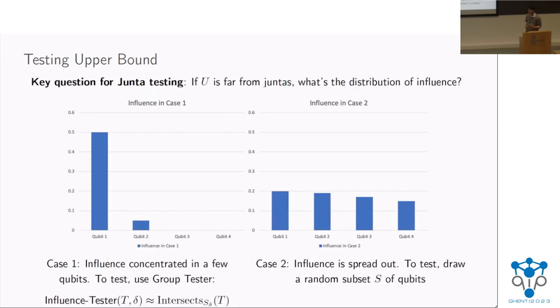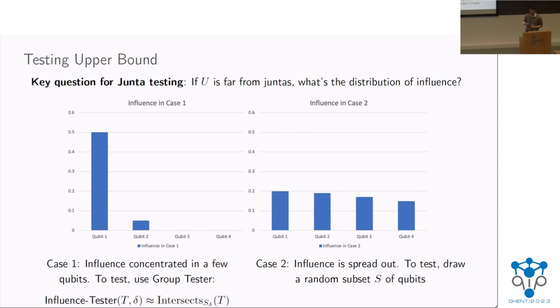To talk about how we use group testing for this, let me talk on a high level about the main question you need to answer when you're testing if something is a junta or far from a junta. Namely, if something is far from a junta, then you can glean that information by looking at the distribution of the influence.